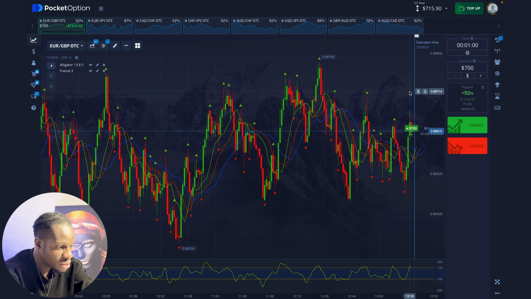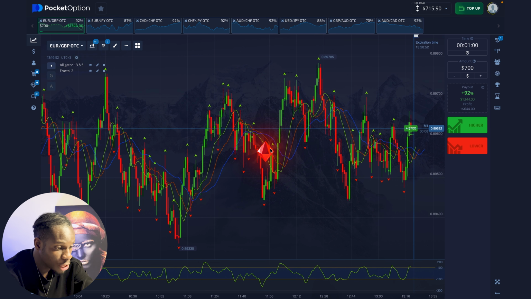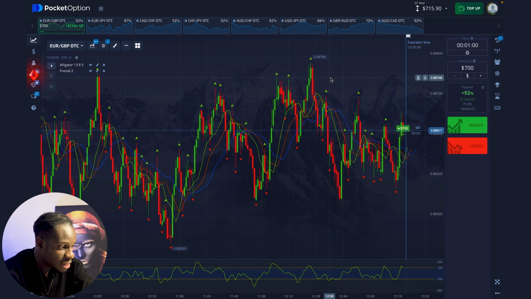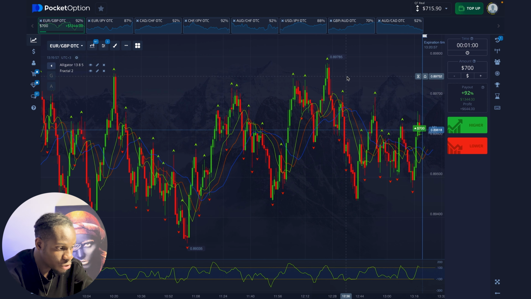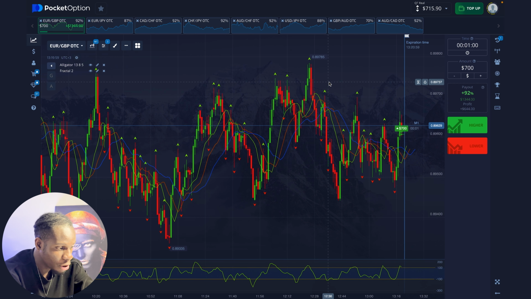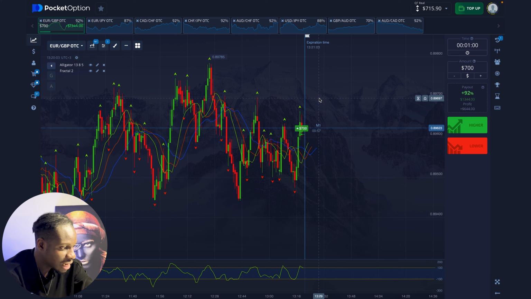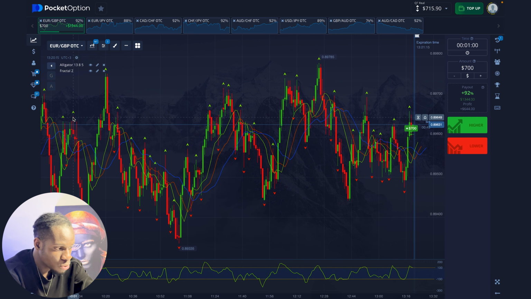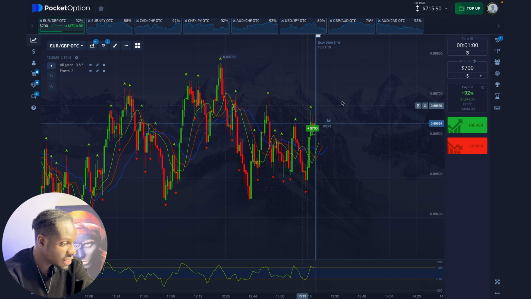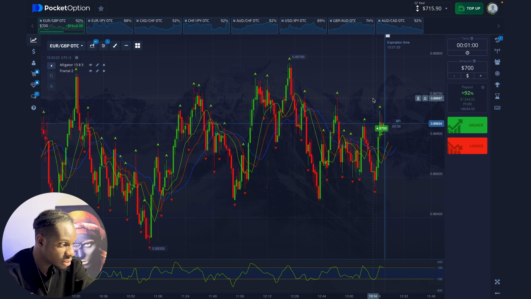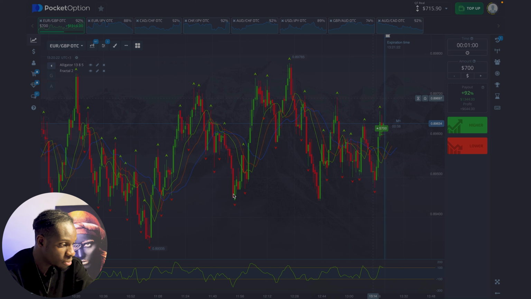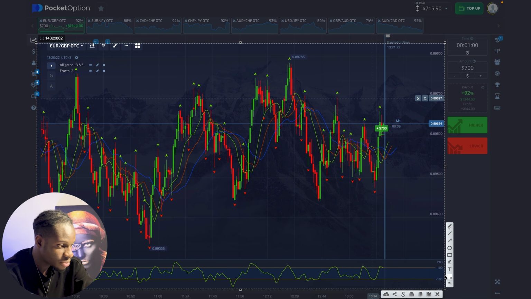Okay, so for this one, I opened a long trade, and actually there's no obvious trend. As you can see, the market is kind of flat, and so I'm focusing entirely on the alligator. There are multiple touch points in this area, as you can see. We can also see that the breakout is forming a local minimum several levels higher.